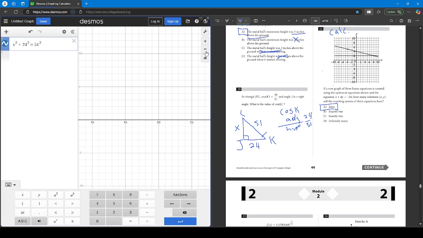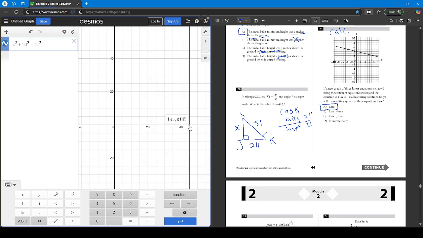So this side is 45, so our answer is going to be 45 over 51.